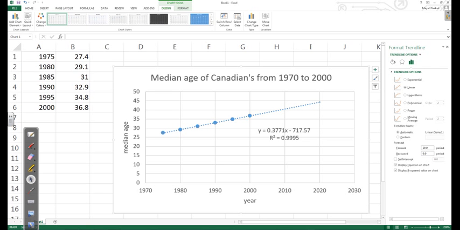So if you look at this, you're going to see that this point right here is about 44. So it will be an estimate, but it will be a good estimate for you guys, okay? It won't be exact like the equation, but it would be a good estimate. So what happened here is that at 2020, if I look at the Y value, it's about 44, okay? So this is using the graph.